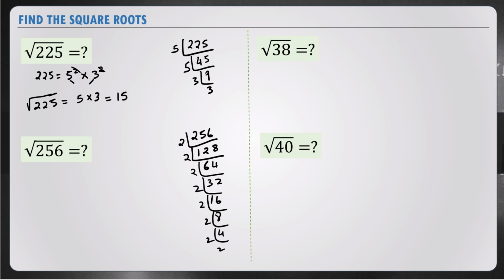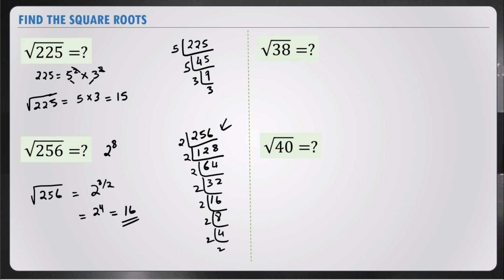So 256 is equal to 2 to the power of 8. So the square root of 256 will be equal to the square root of 2 to the power of 8. Basically, divide by 2. This would be equal to 2 to the power of 4, which is equal to 16. The first step is find the factors, find pairs, and divide the exponent by 2.